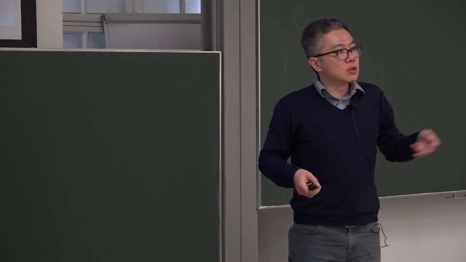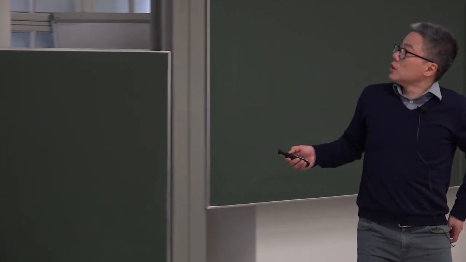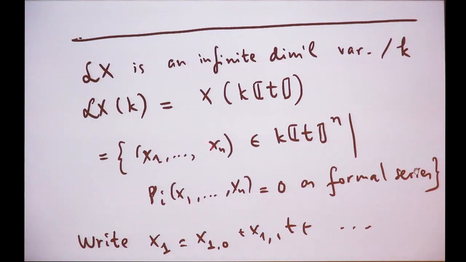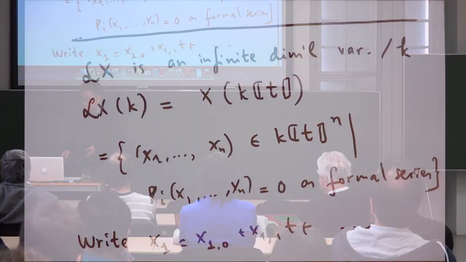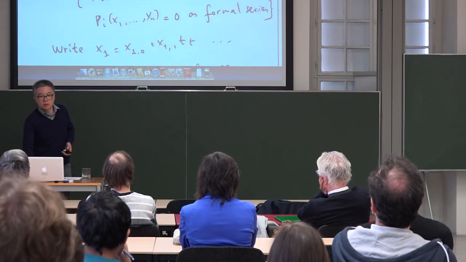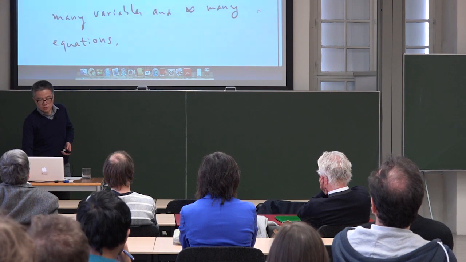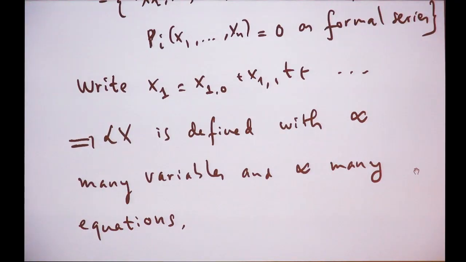All the coefficients have to be 0. So if you start with n variables and m equations, you end up with infinitely many variables and infinitely many equations. That is the basic struggle. So LX is defined by infinitely many variables and infinitely many equations.